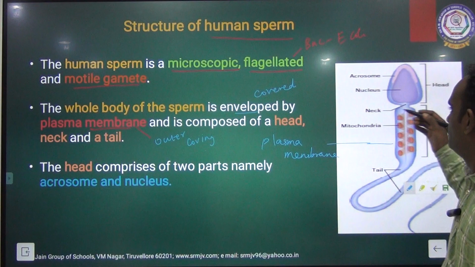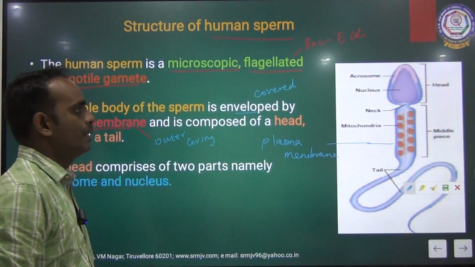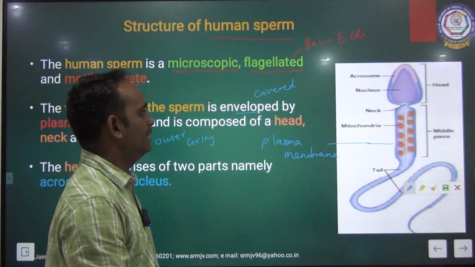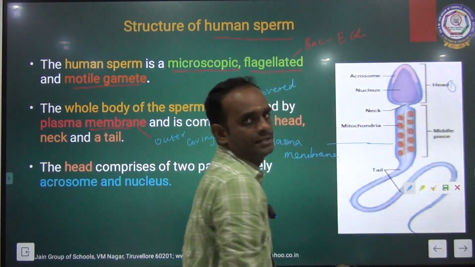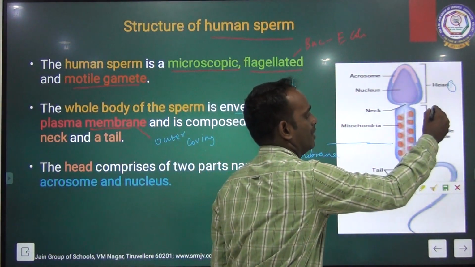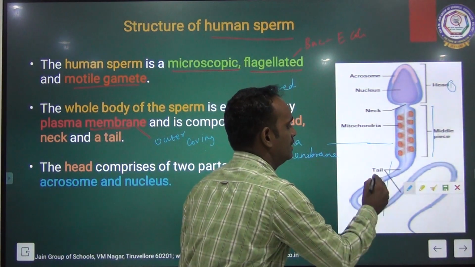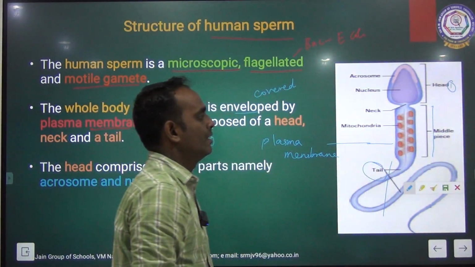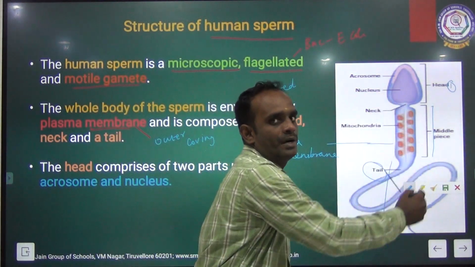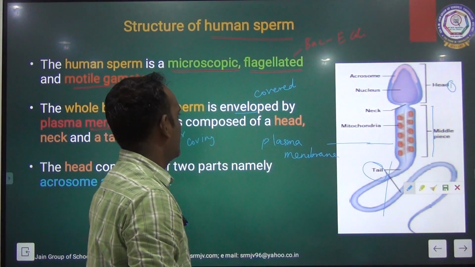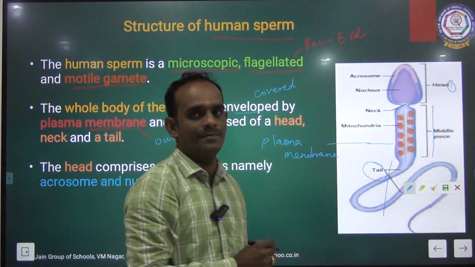The whole body of the sperm is composed of three important parts. The first one is called the head portion, followed by the middle piece, and the last is called the tail part. So the sperm is enveloped by plasma membrane and composed of head, middle piece and tail.